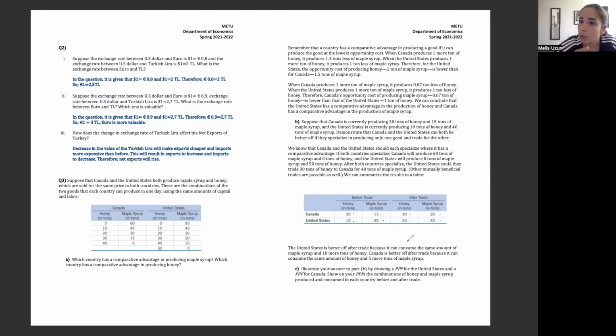So both countries are better off because they have more amount of goods that they have comparative advantage on. So trade is beneficial for both countries.